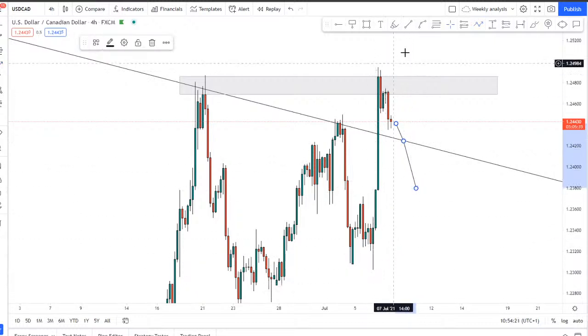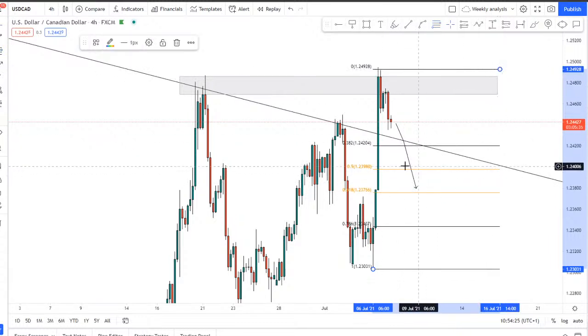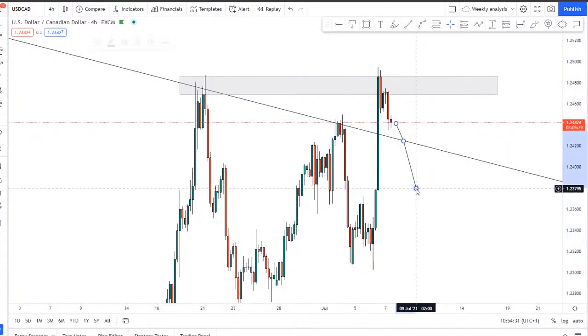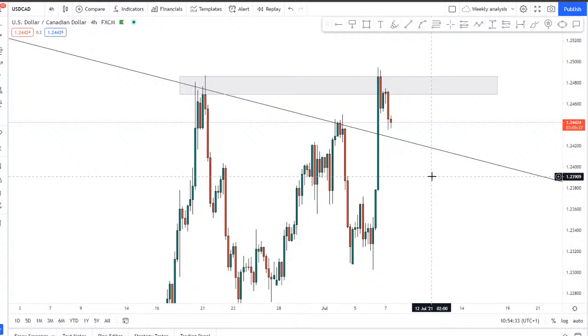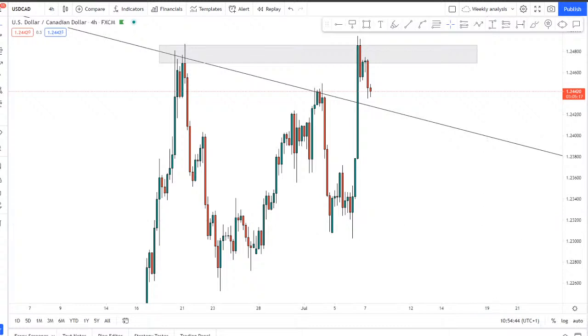If you do get a fib from this low to here, 50% is around here, so potentially we could even see the market fall back to those areas and then see the continuation. But nonetheless, if we do see the market drop to the downside, just get ready for some buys, I reckon, and then we could target these highs again and maybe even further. So USD CAD, more upside for that pair.